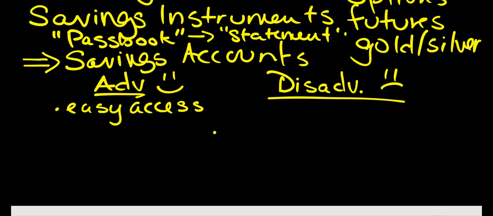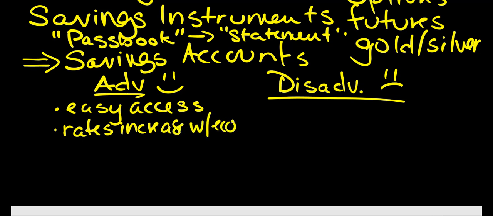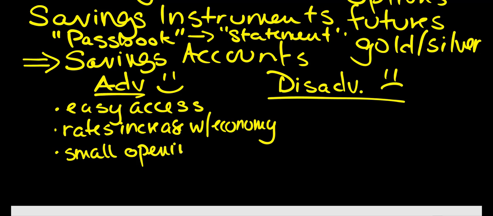The interest rates usually increase as general interest rates increase. So we can say with the economy, if interest rates in the economy go up, then the interest rate on your statement savings account should go up. And you can open it with a small amount of money. Those are the typical advantages of a statement savings account.